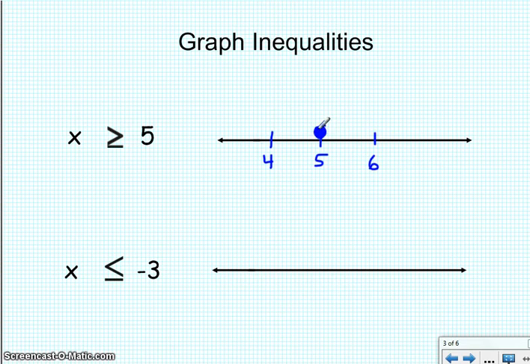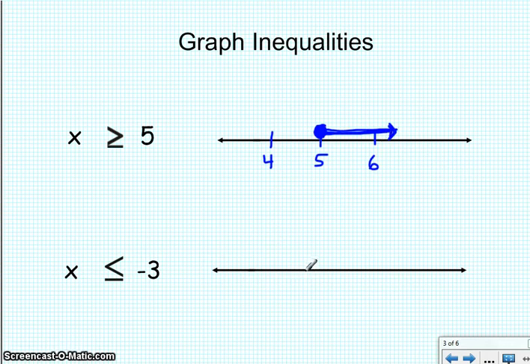We fill it in because that means that 5 can also be one of the solutions to this inequality. And anything greater than 5 will solve this. So I make my arrow going this way. These are all of the values that are greater than or equal to 5. So now we have graphed x is greater than or equal to 5.